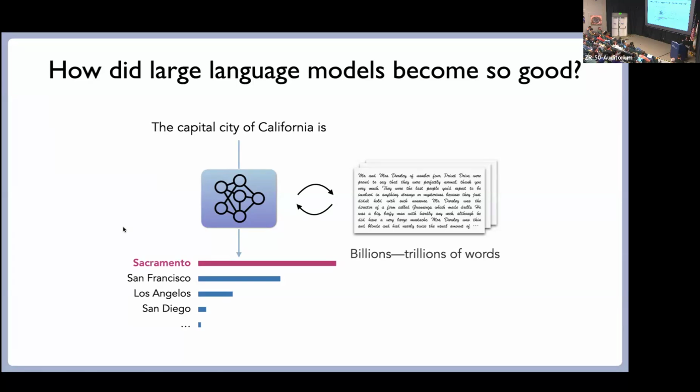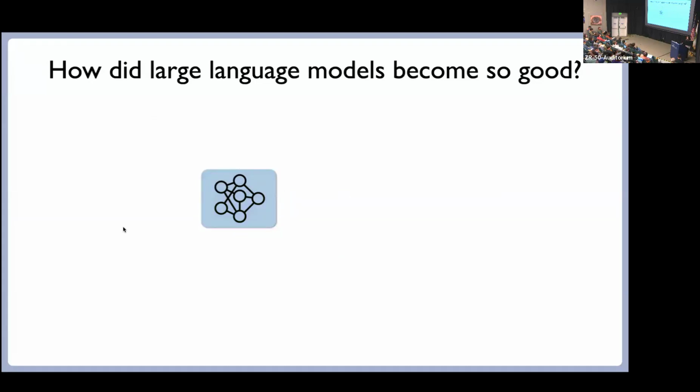So you do that for billions and trillions of tokens. Once training is done, this model is able to remember much information from the training data and perform the task. For instance, if you ask a question like the capital city of California, it can remember that some training data mentions that the capital city of California is Sacramento, and it is able to predict that word.